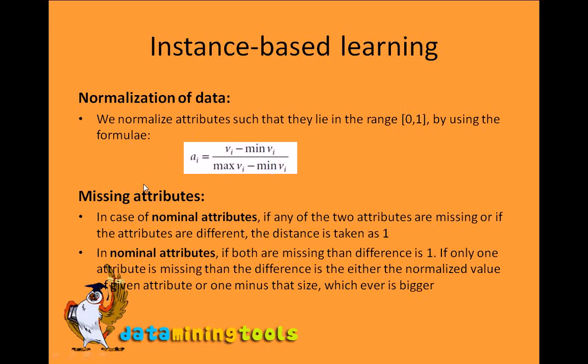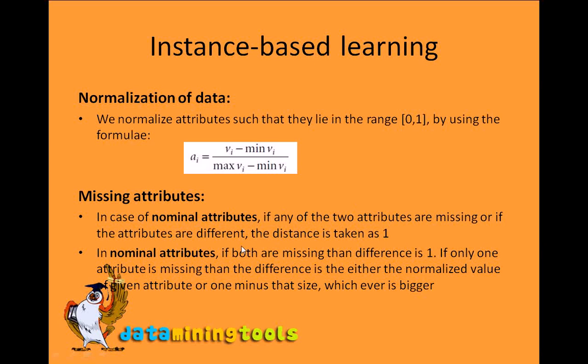Now how do we deal with missing attributes? In case of a nominal attribute, the two attributes belonging to the two instances for which we are trying to calculate the distance, if they are different, then the distance is taken as 1.